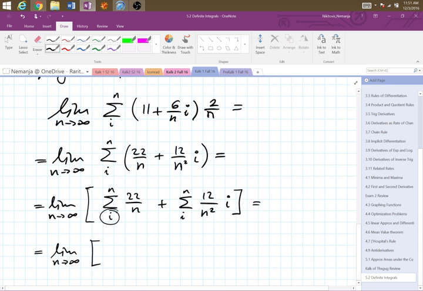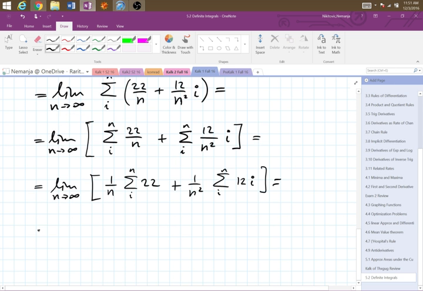The variable for summation is i, not n or x or anything like that. So you get to kick 1 over n in front and just have 22. On the second summation, you kick 1 over n squared out, and you are left with a summation of 12i. Bear with me another 10 lines and we're done.